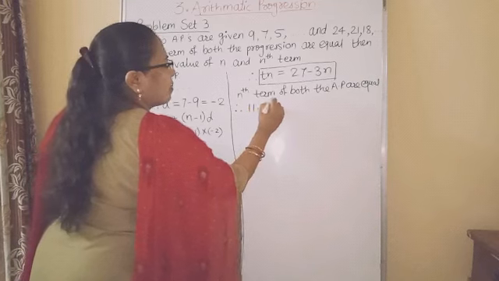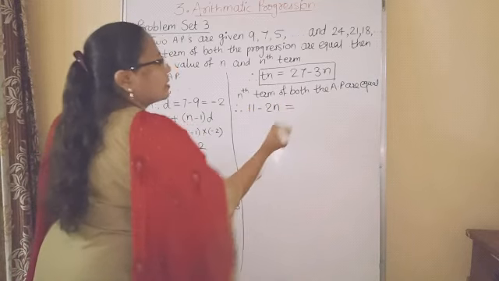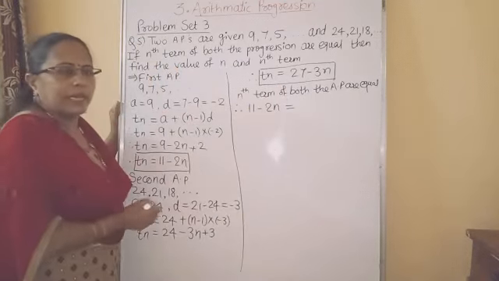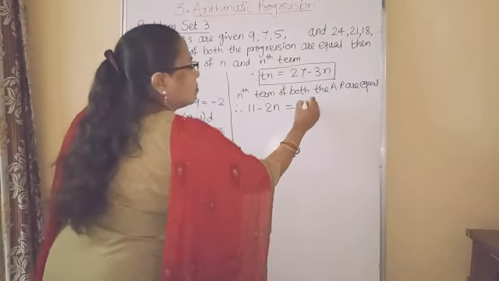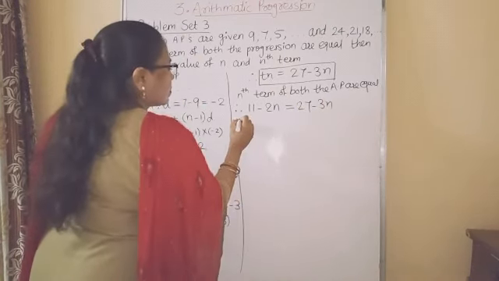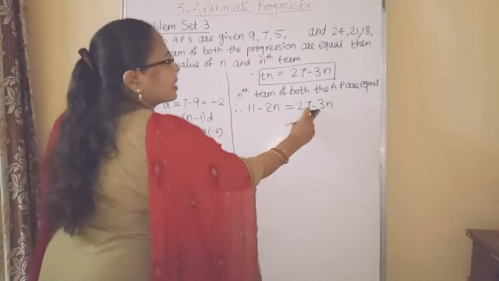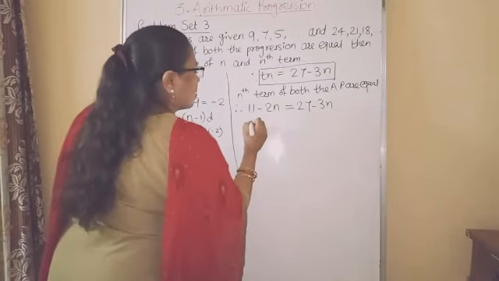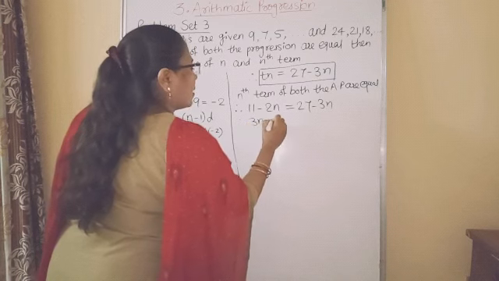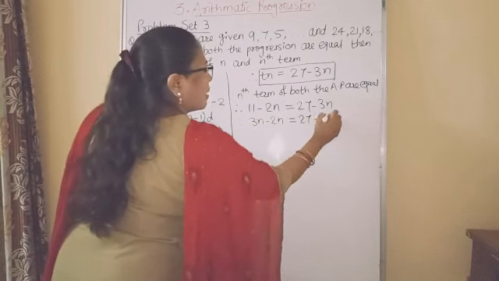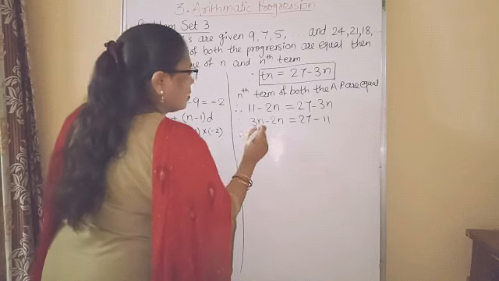Therefore 11 minus 2n is equal to the nth term of the second AP, 27 minus 3n. We will take this minus 3n on the left side and 11 on the right hand side. So we will get 3n minus 2n is equal to 27 minus 11.